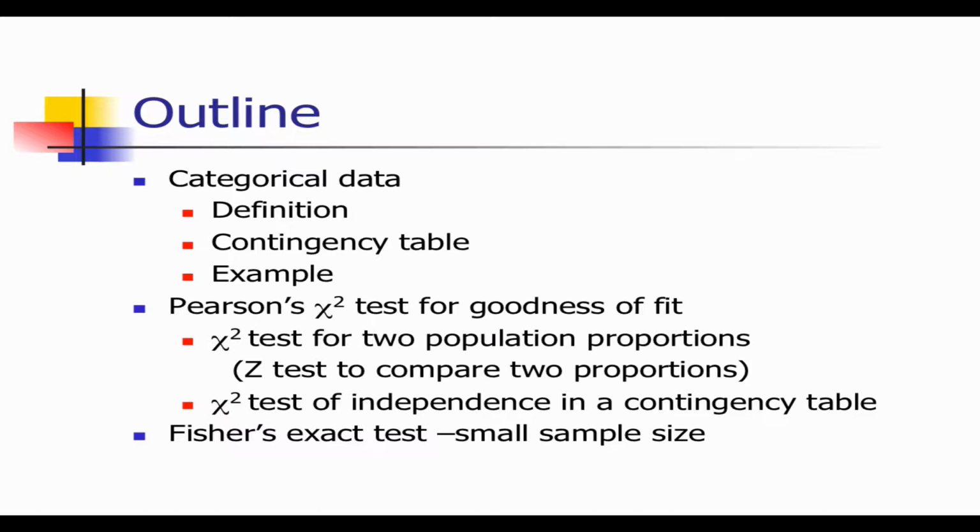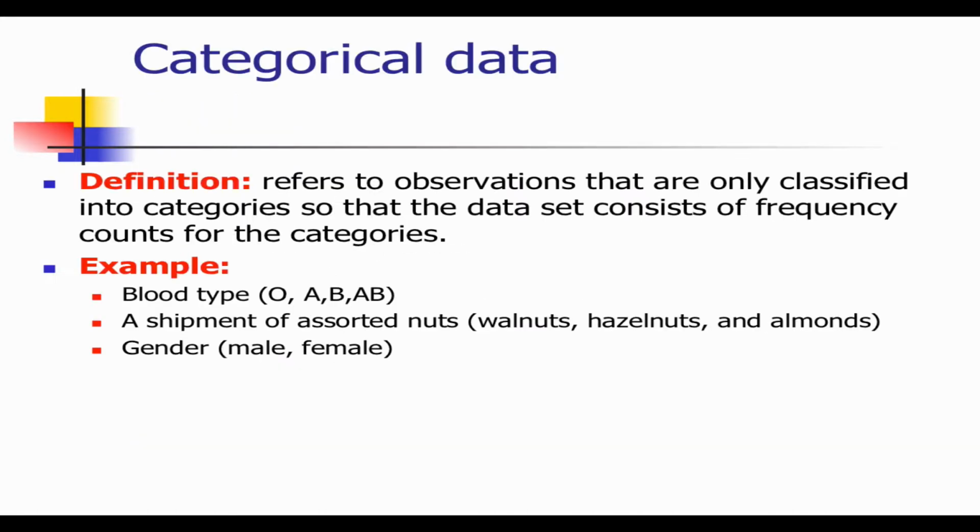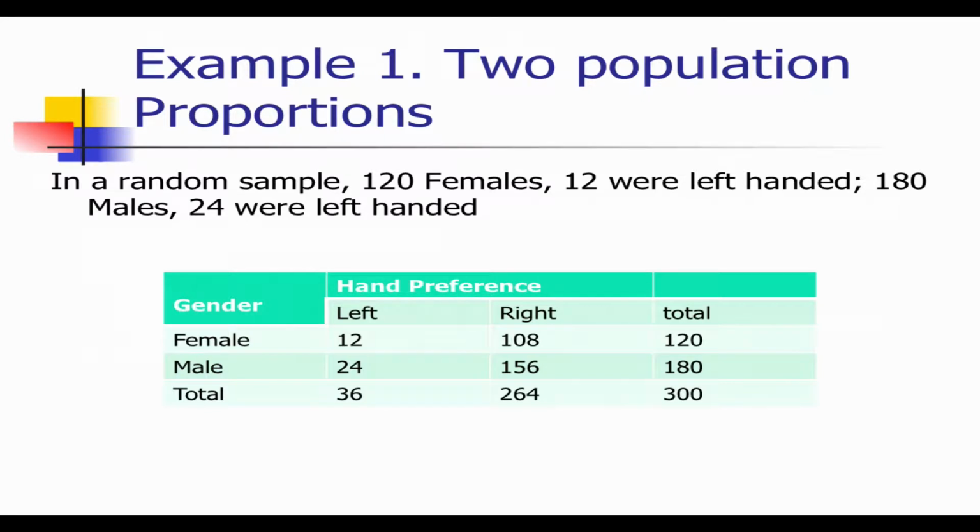So last time for categorical data, we introduced the definition of a contingency table, and we gave you a couple of examples. Contingency tables are really used to display the different categorical variables and how they combine together.